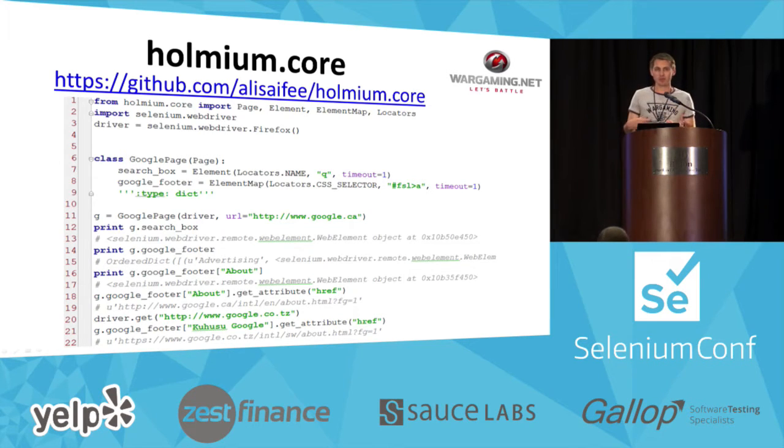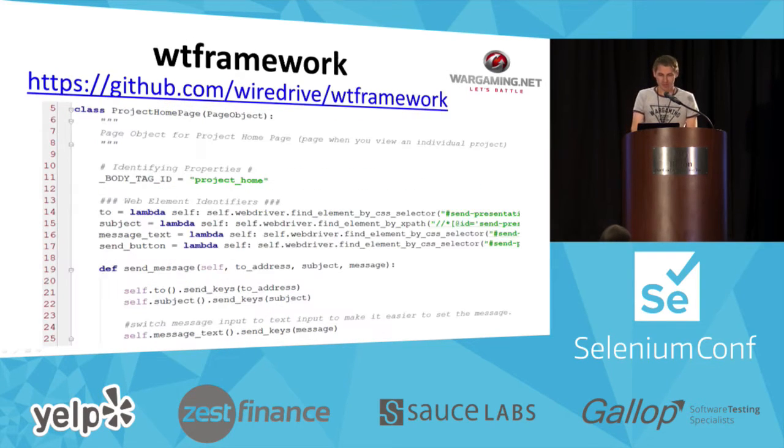On the other hand, we would like to have a simple, explicit, intuitive way to describe pages. One of the best alternatives for the page object implementation was from WTFramework. It's a web testing framework. Don't get it wrong. In order to describe your pages, you just add some class attributes, which are actually lambda expressions.